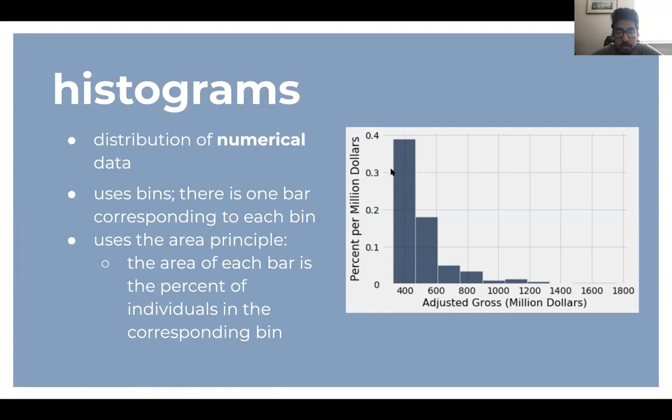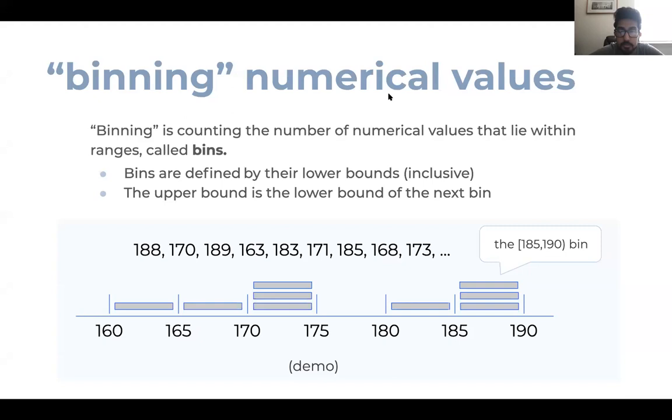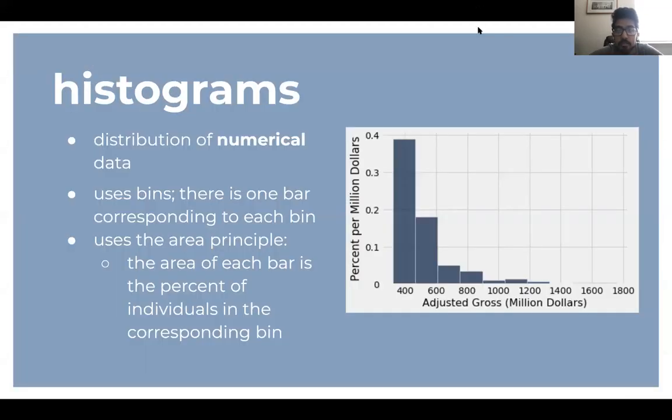The height would be 0.38 or something like that, so if we turn that into a decimal like 0.038 and multiply 400 by that, it'll be 15.2%. So that bar represents 15.2% of the total data.